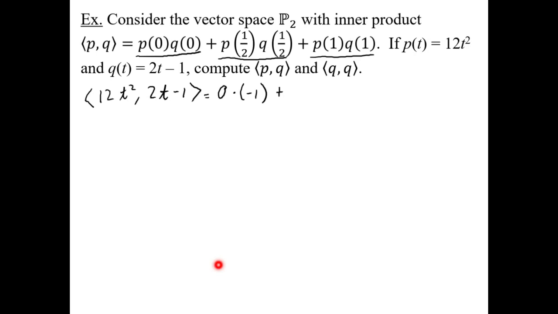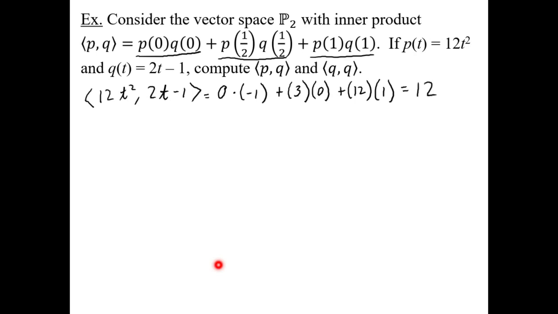If I evaluate the first polynomial at 1/2, we get 12 times 1/4, which is 3. And if I plug 1/2 into the second polynomial, we get 1 minus 1, which is 0. If I evaluate the first function at 1, it becomes 12. Evaluate the second function at 1, we get 1. Do all the products, add them all together, and the inner product of these two vectors would be 12.